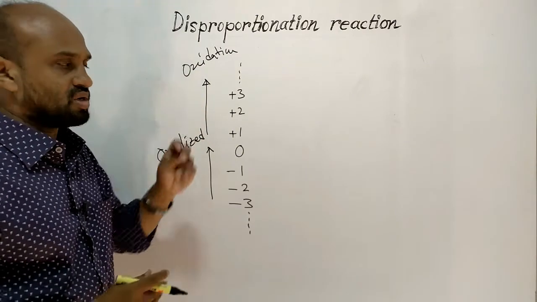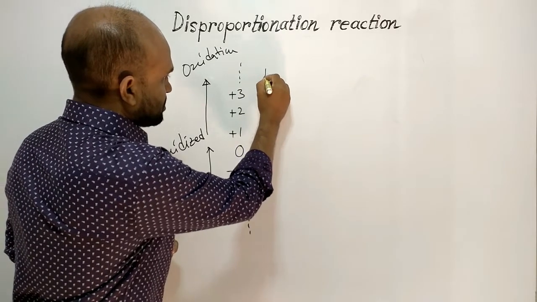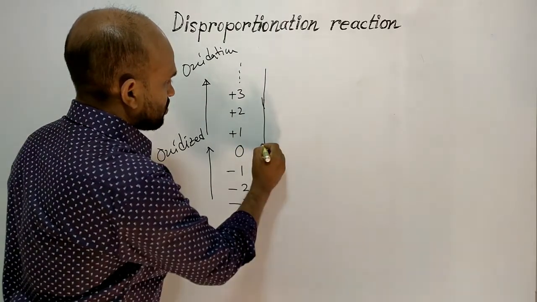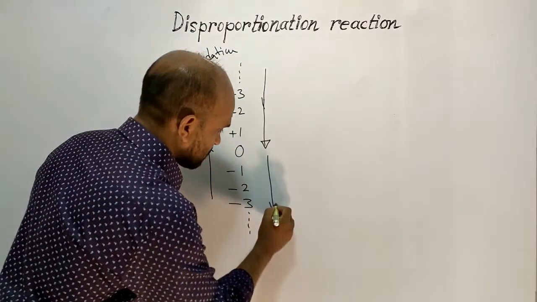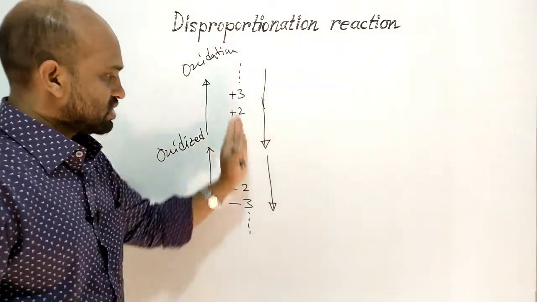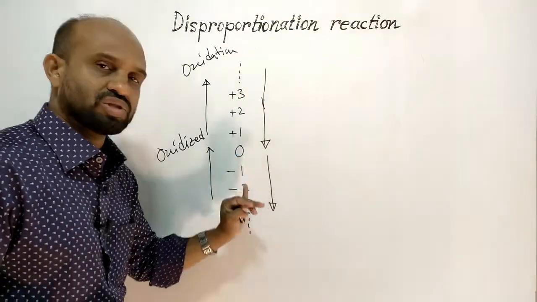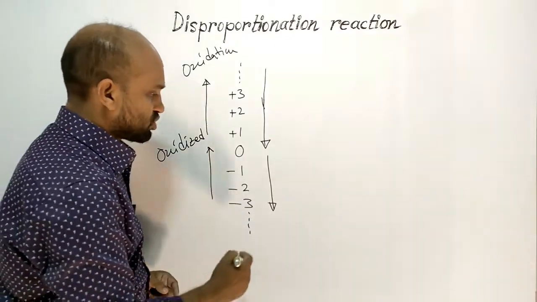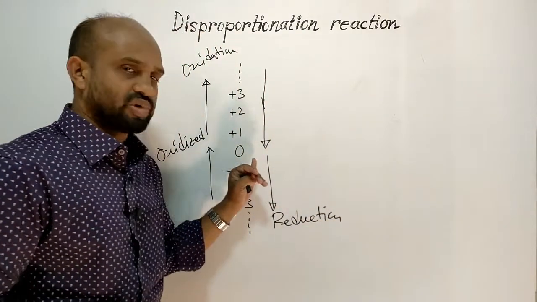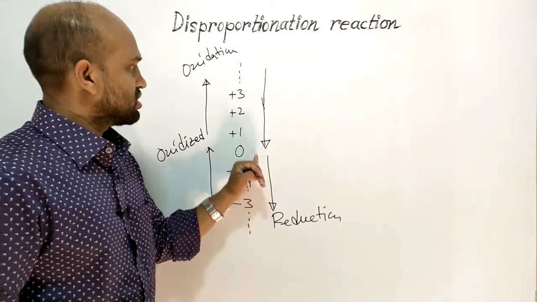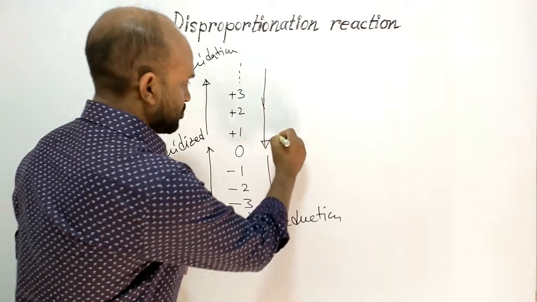called oxidation. On the other hand, when oxidation number is changed from plus value towards 0 and then towards minus values, this process is known as reduction, and the element that undergoes this type of oxidation number change is reduced.